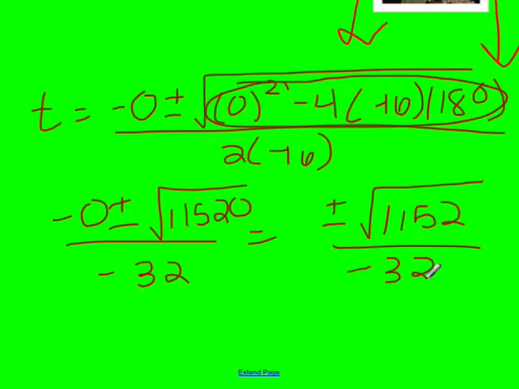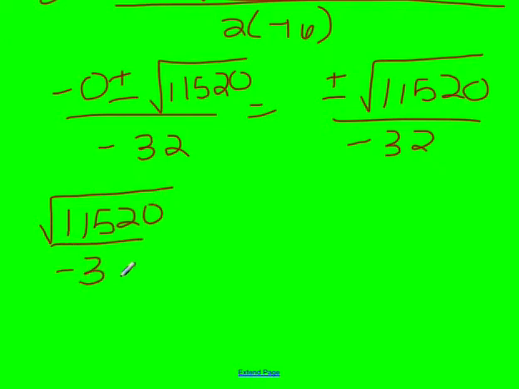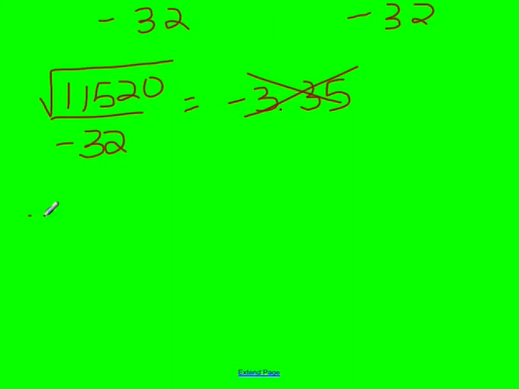So now I just need to do a positive and a negative version of each one. So I'm going to do the positive square root of 11,520. I'm going to type that into my calculator, hit enter, and then divide that by negative 32. Well, when I do that, I get negative 3.35. I don't want a negative time. That would make no sense. The jumper would have to be reverse jumping.